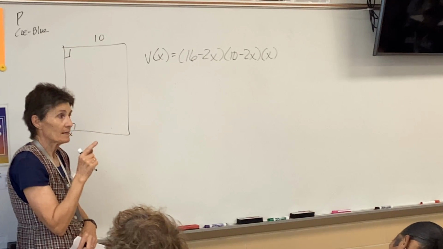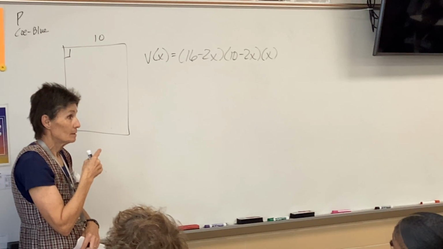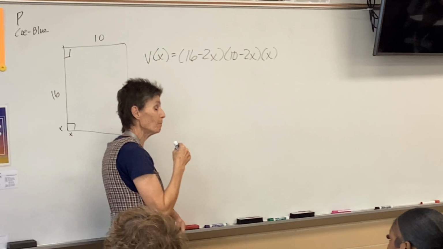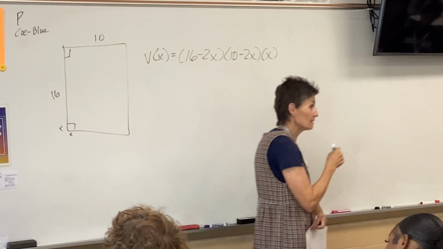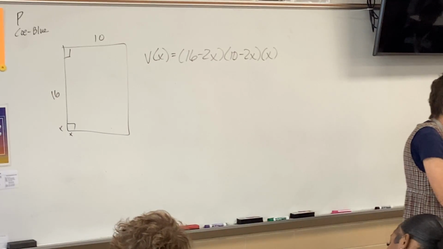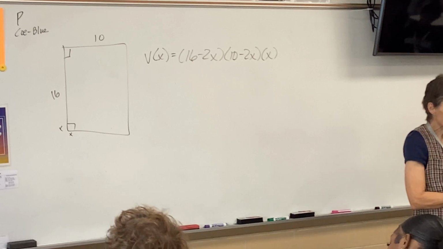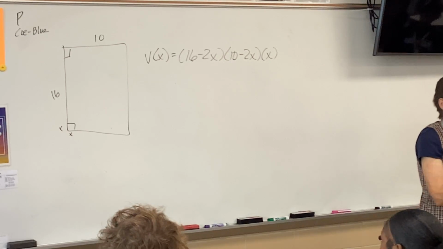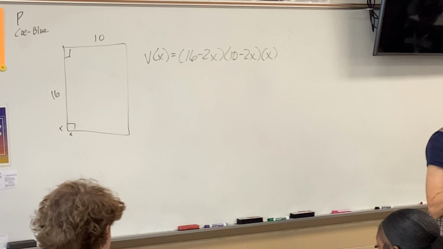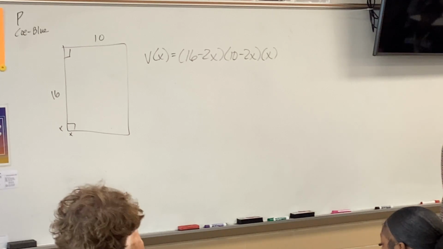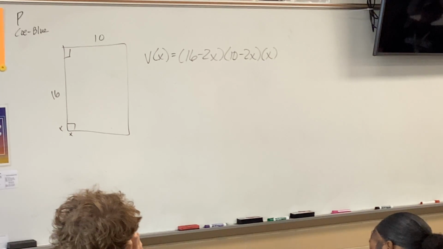But if it's not, it doesn't matter. You just memorize it. Because every single problem is exactly the same, except this time it's 10 and 16. So nobody walks in here and says, I don't understand. Too bad, so sad. Memorize it.